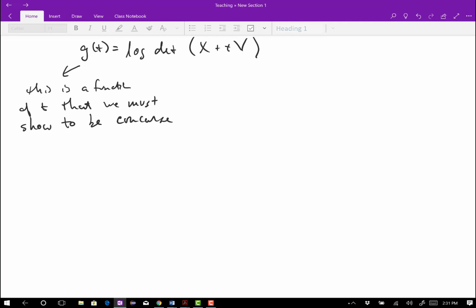We need to show that to be concave. This x is a point in positive definite space, and this tv is t multiplied by some direction v, where v is a symmetric matrix.